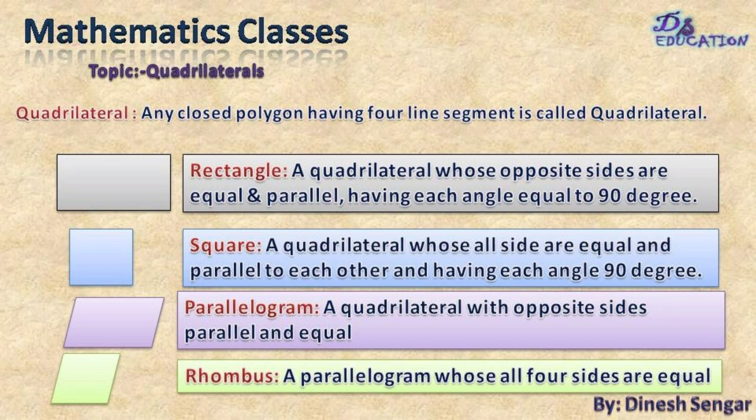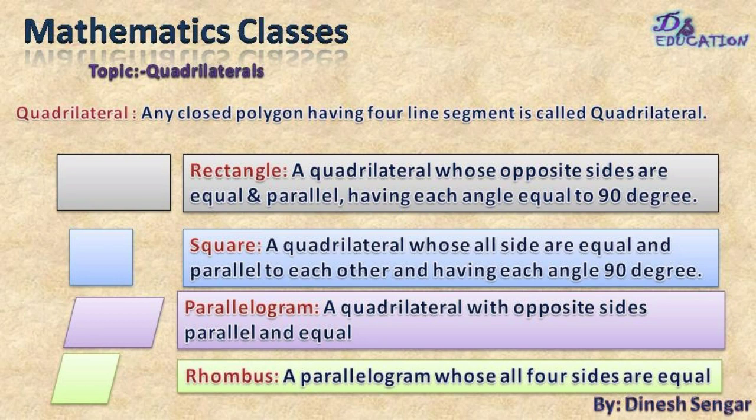Coming to the square, a quadrilateral whose all sides are equal and parallel to each other and each angle is equal to 90 degrees. Coming to the parallelogram, a quadrilateral with opposite sides parallel and equal. In a parallelogram only the pairs of opposite angles are equal.